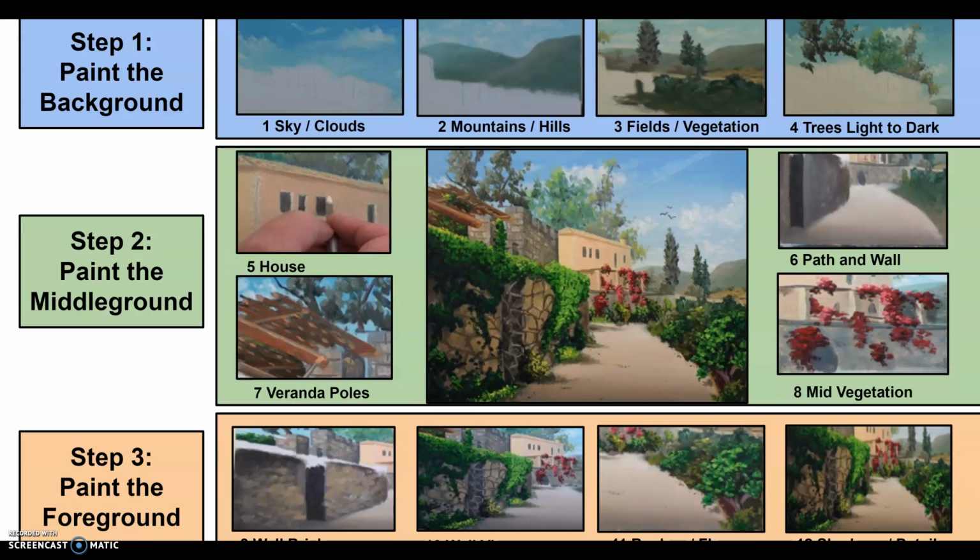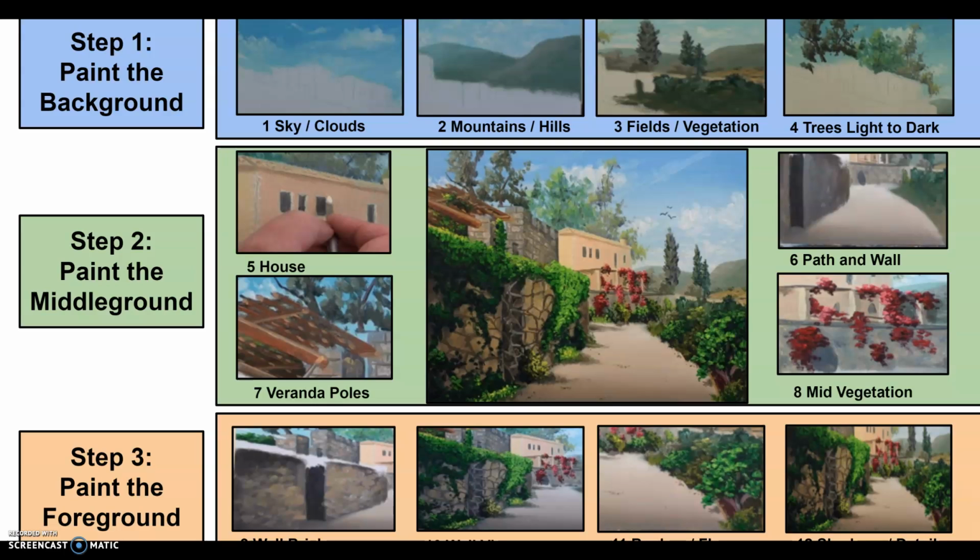Afterwards, if you have any mountains, I'll show you how to do mountains, where you have really light hills or mountains in the back, and then it gets darker as it gets closer. Then you have fields and vegetation, and for trees, if you're using watercolor, you're going from light to dark. If you're using acrylic, you're going from dark to light, because you can't paint over a dark color with watercolor, but you can definitely paint over a light color. So you're going from light to dark when working with watercolor.